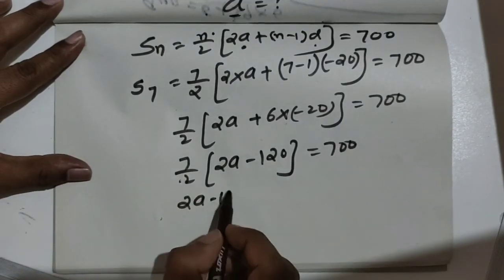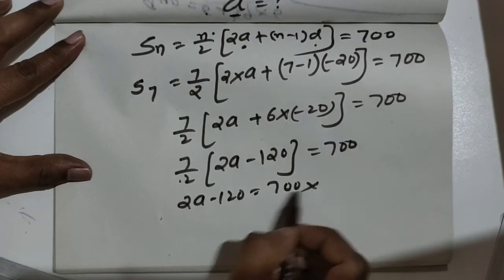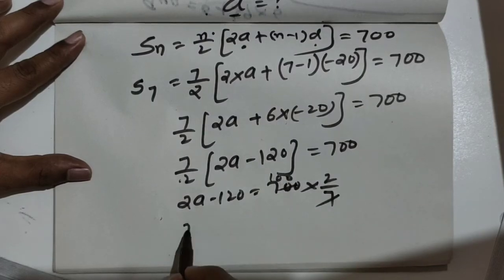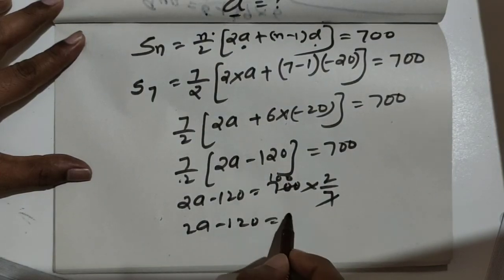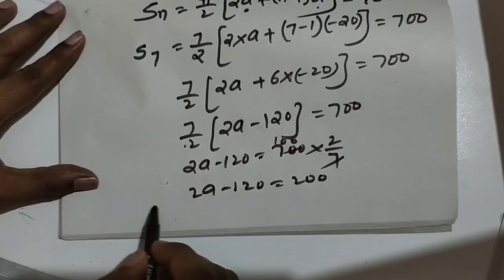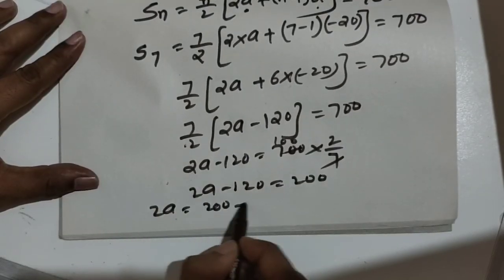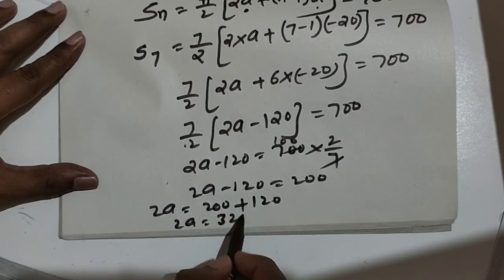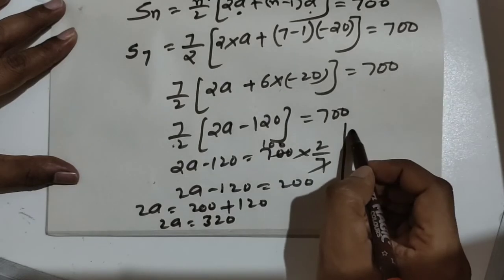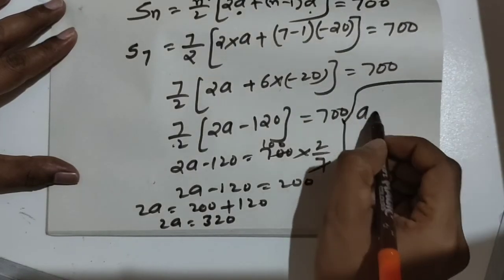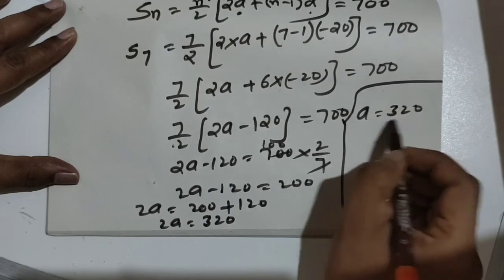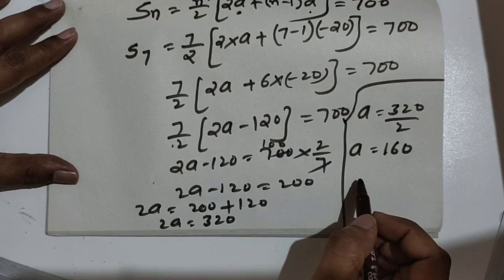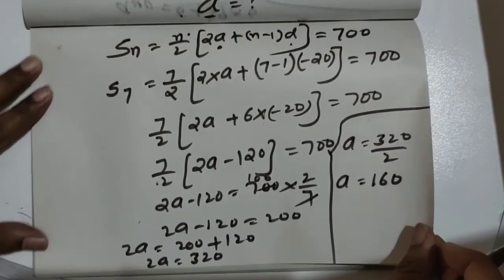So 2a minus 120 is equal to 700 into 2 by 7. 7 ones are 7, 100. So 2a minus 120 is equal to, simply we can write, 200. So 2a is equal to 200 plus 120. 2a is equal to 320. Okay, then what do you get here? The a value. a is equal to what? 320 by 2. Then a is equal to simply 160.